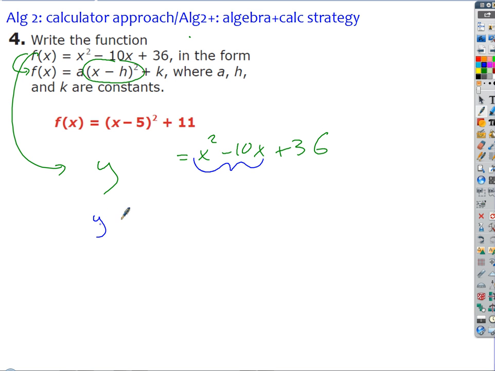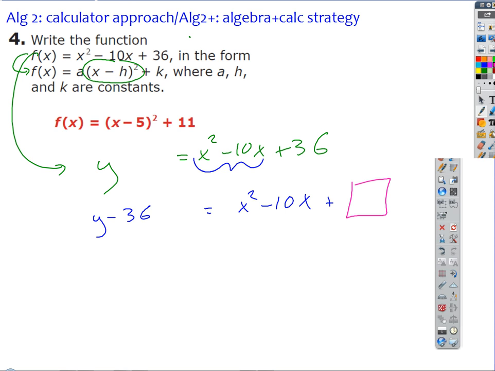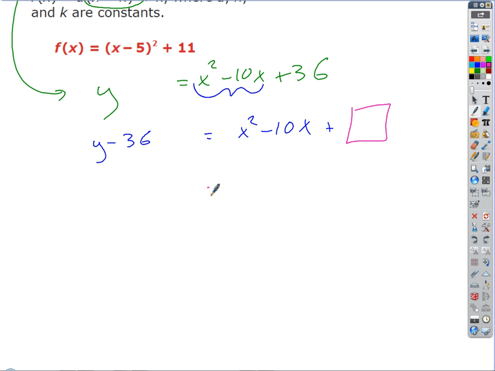So we get y minus 36 equals x squared minus 10x, and then I'm going to add to that some number so that this is going to end up being a perfect square, right?